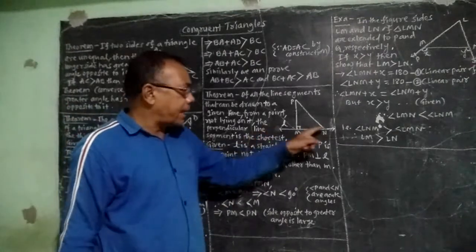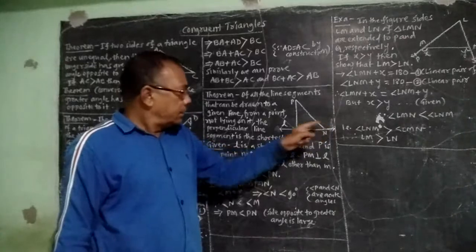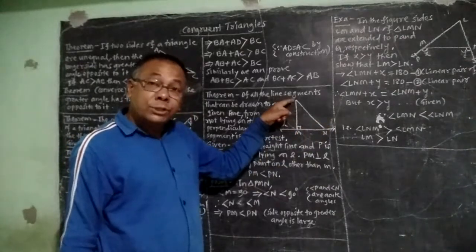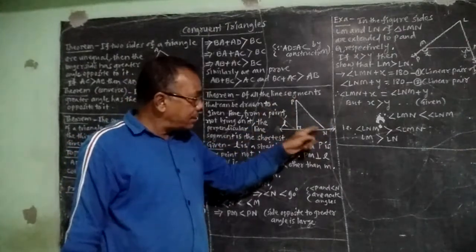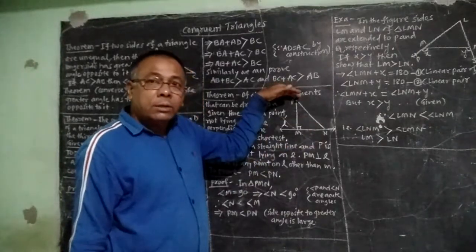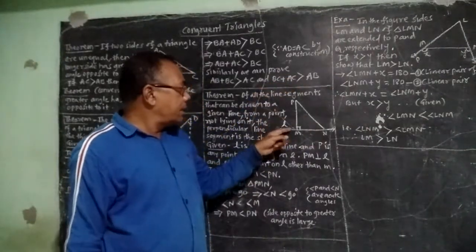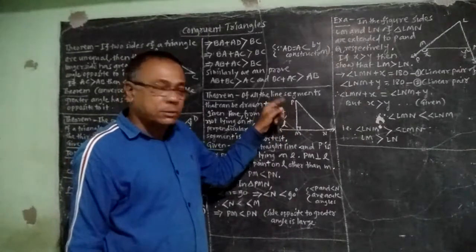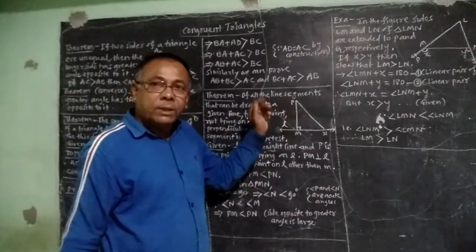Here L is the line and P is any point which is not lying on line L, means it is away or above the line L and at some distance from the line.